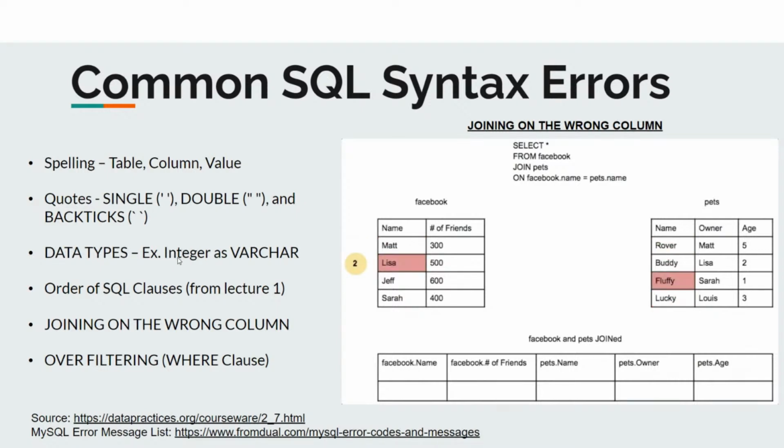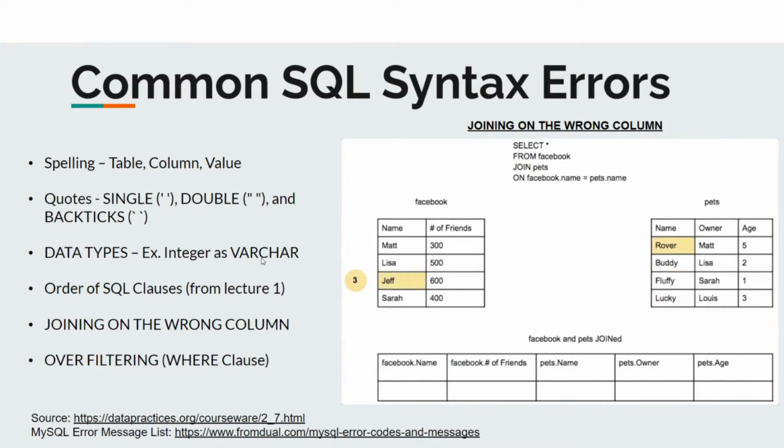Converting data types, whether it's an integer as a varchar. Oftentimes these will be stored as character strings that you need to cast as integers to be able to use them instead of adding them together. If you try to add those together, it'll give you a null value.